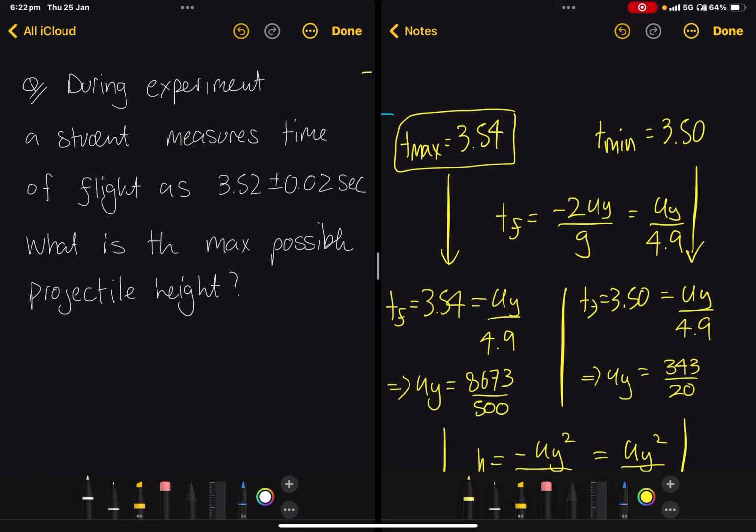Right, so when you have a range, the easiest way to deal with a range is usually to check the two extremes. In this case, one is the bigger one and one is the smaller one. You may also choose to check the middle value as well, so it wouldn't be insensible to check 3.52, find the time of flight for that, and then calculate it.